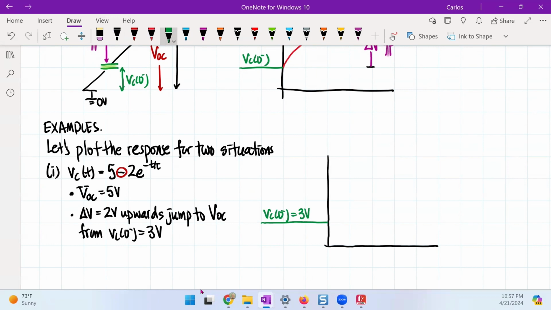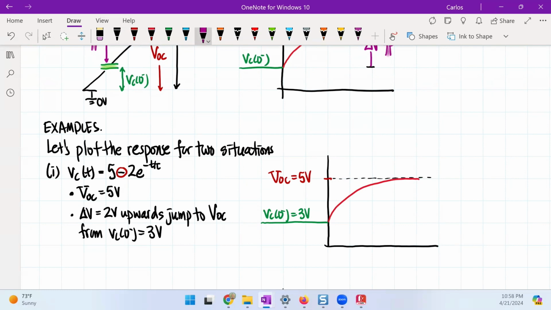When I look at VOC, I'm seeing here that VOC is 5 volts. So if I look at this, we could see that if I have a charging capacitor, it has to approach this line over here.